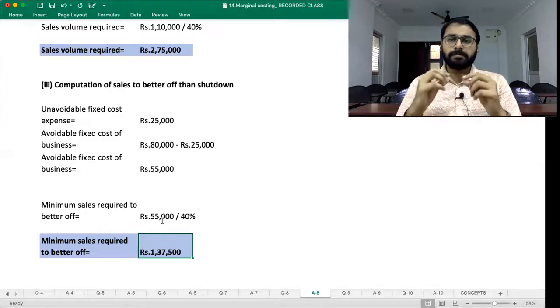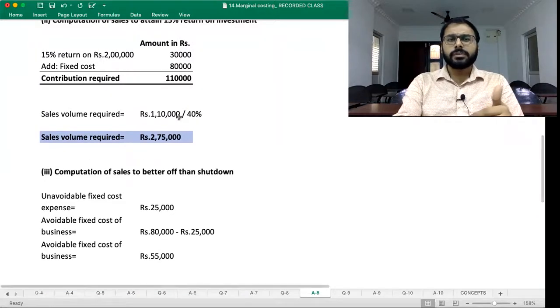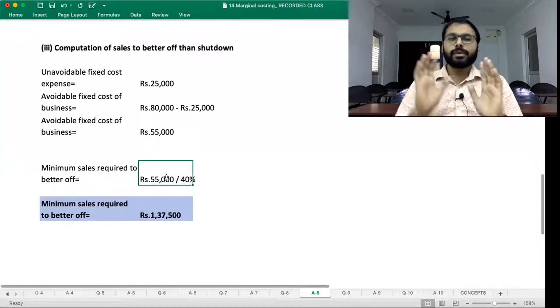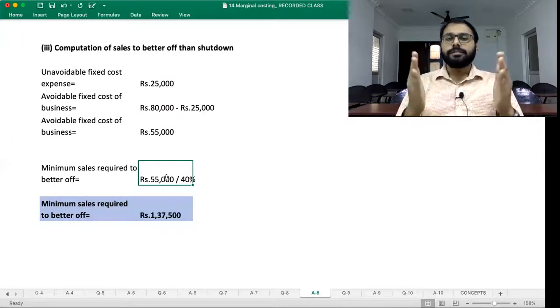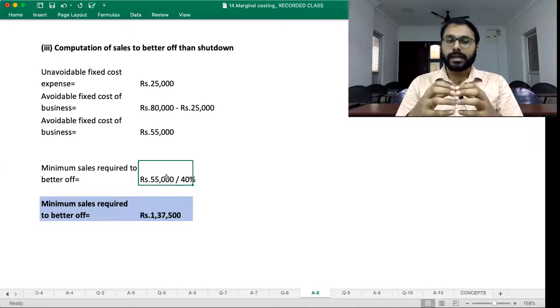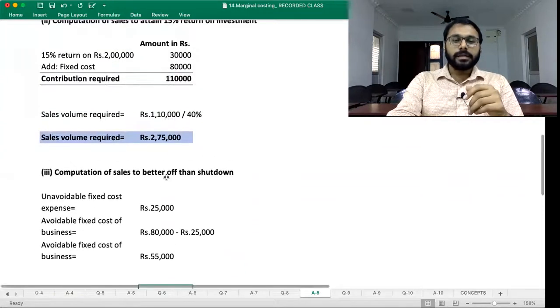The same concept we took up earlier: the contribution of 1,10,000 divided by PV ratio gave me the sales number. In the same way, you have to do the same computation here. If 55,000 should be the contribution, then what should be the sales? This much should be the sales, 1,37,500 rupees. So this is all for the solution to question number 8.